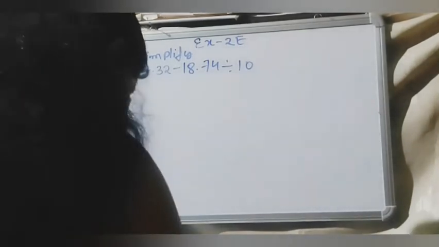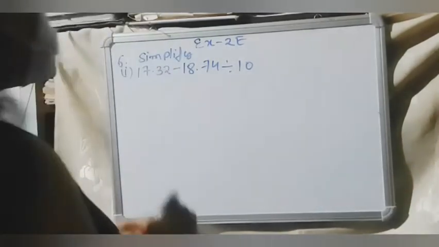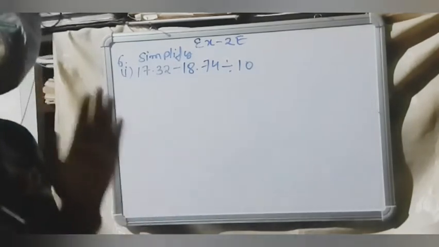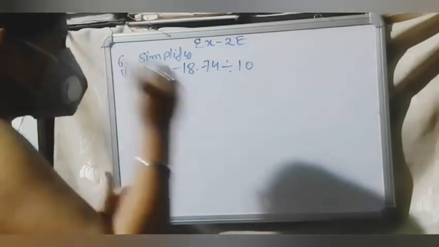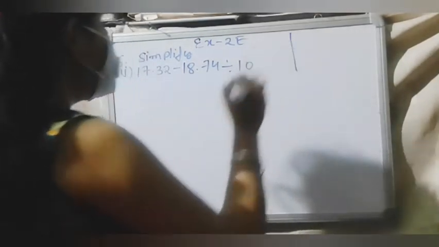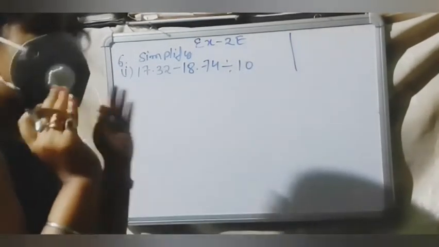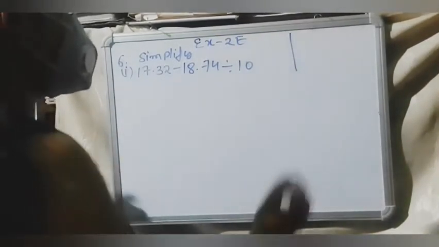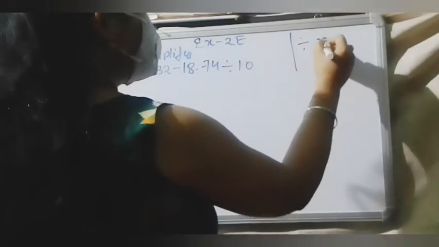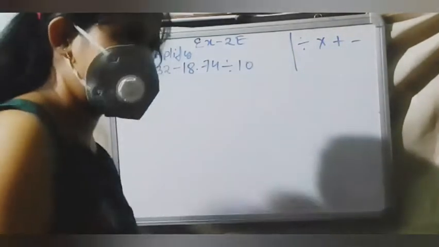Okay, so now, simplify means what? We have to make the simplification, but there is a rule in simplification where you are given to do all the operations simultaneously, like division, multiplication, addition and subtraction.